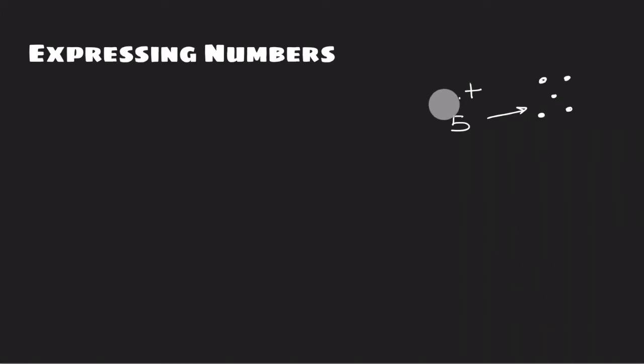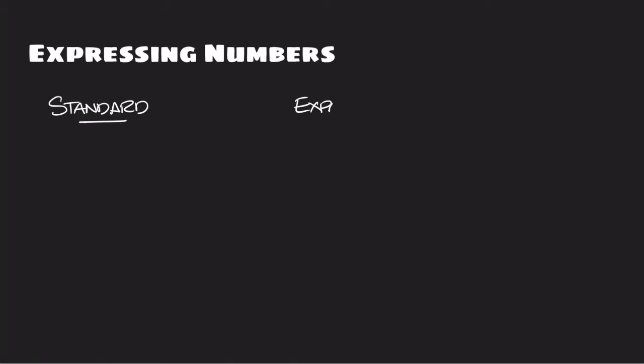Well, our job now is to come up with 3 very intentional ways to express numbers in a way that shows off your understanding of the number. The 3 that we're going to focus on are standard form, and again, these should be more review than anything, expanded, and then word form.